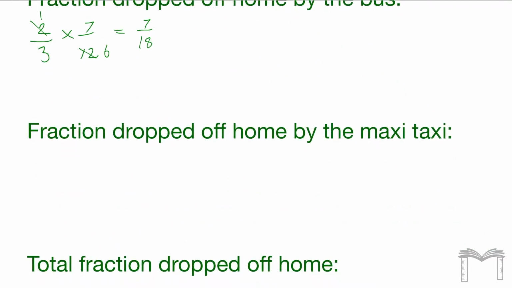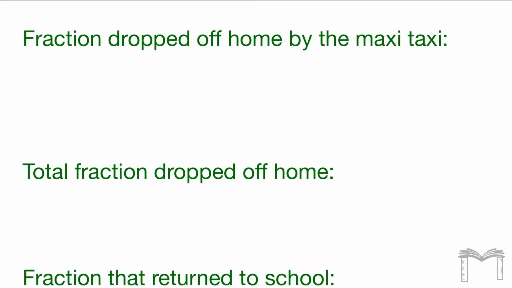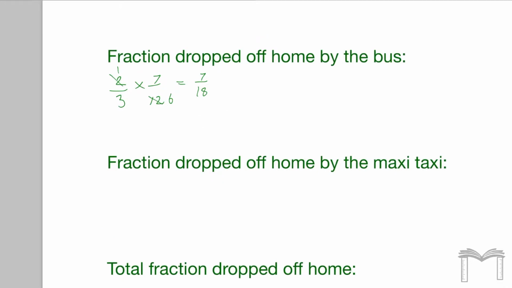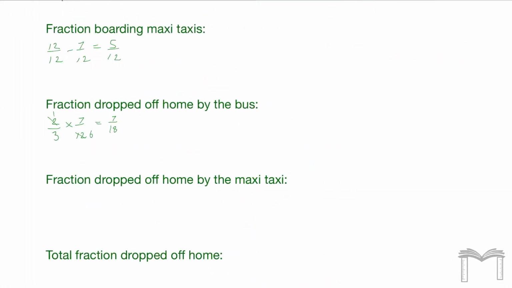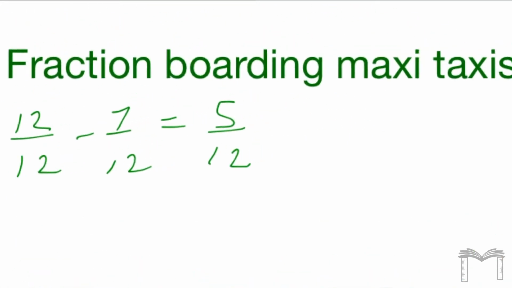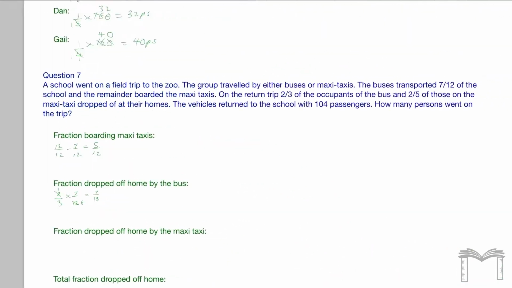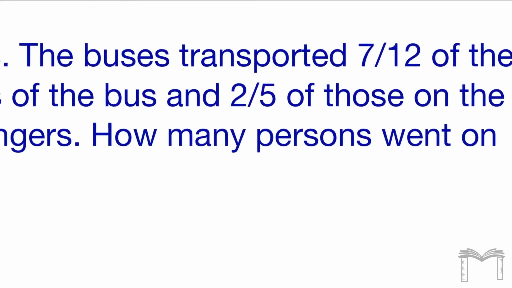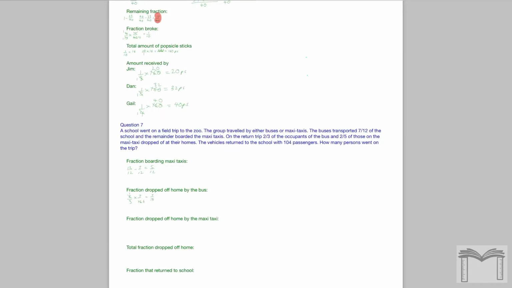Now we're going to work out the fraction that dropped off home by the maxi taxis. We just worked out that 5/12 was on the maxi taxi, and they are telling us that 2/5 of these were dropped off home.